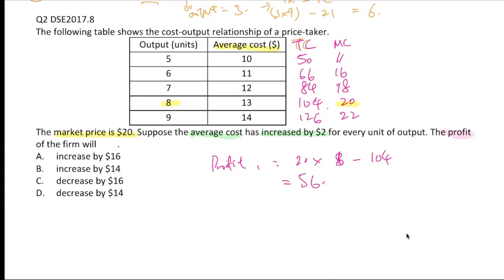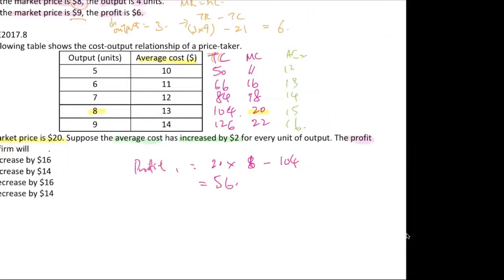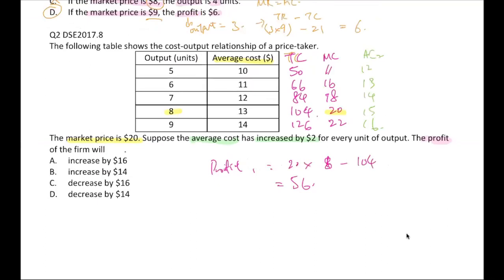So that means we have an AC plus 2 here. 16. Okay, then we have a new TC and a new MC. 60, 120.